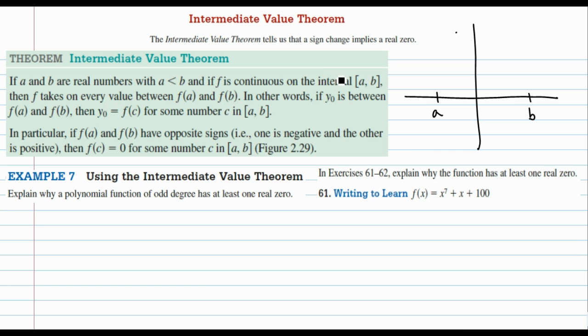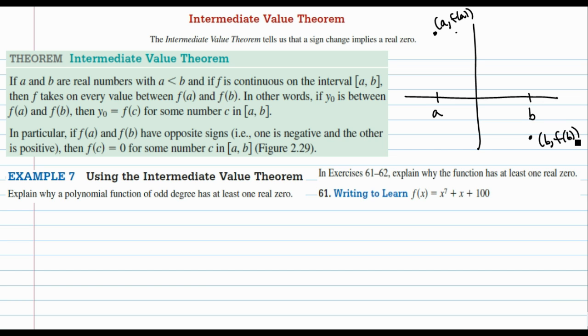On the interval a to b, f takes on every value between f of a and f of b. So if I plug in a, let's say I get a point here. We'll call this point a comma f of a. And then if I get a point b here, what if I get this point b comma f of b?